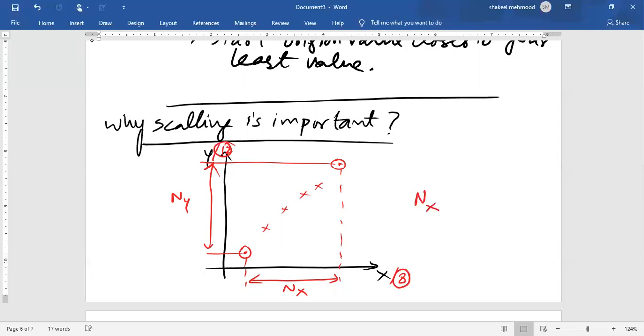So nx should be greater than or equal to 4 and ny should be greater than or equal to 6, only then your graph would be considered correct. This is also considered: whenever you make a graph, you have to make sure that you are covering more than 50% along x-axis and more than 50% along y-axis.